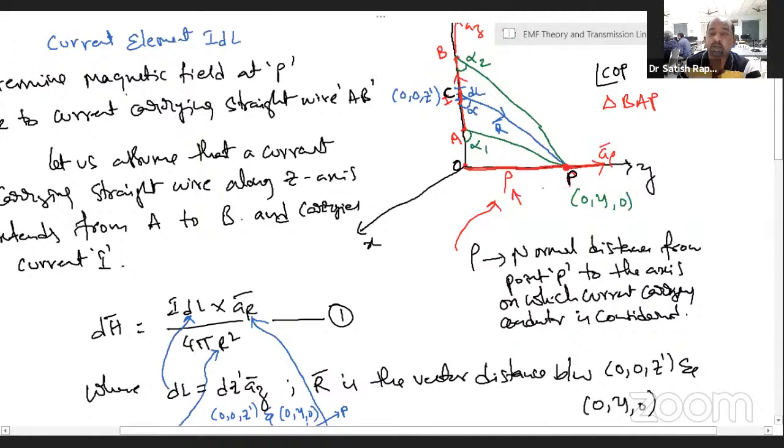So that means rho is, in this case, along the y axis, ay bar, right? Not all the time is it ay bar, it may differ. So in this particular case, arrow bar is ay bar.